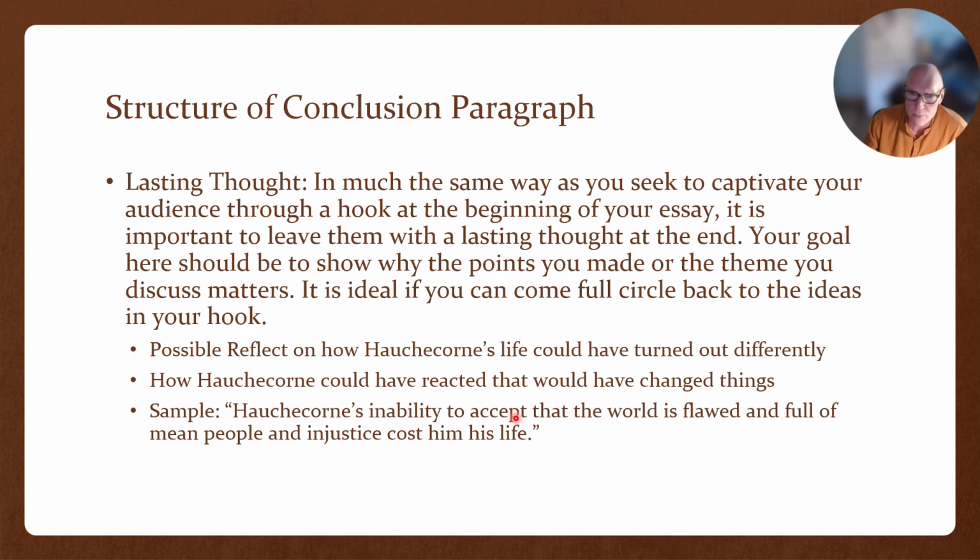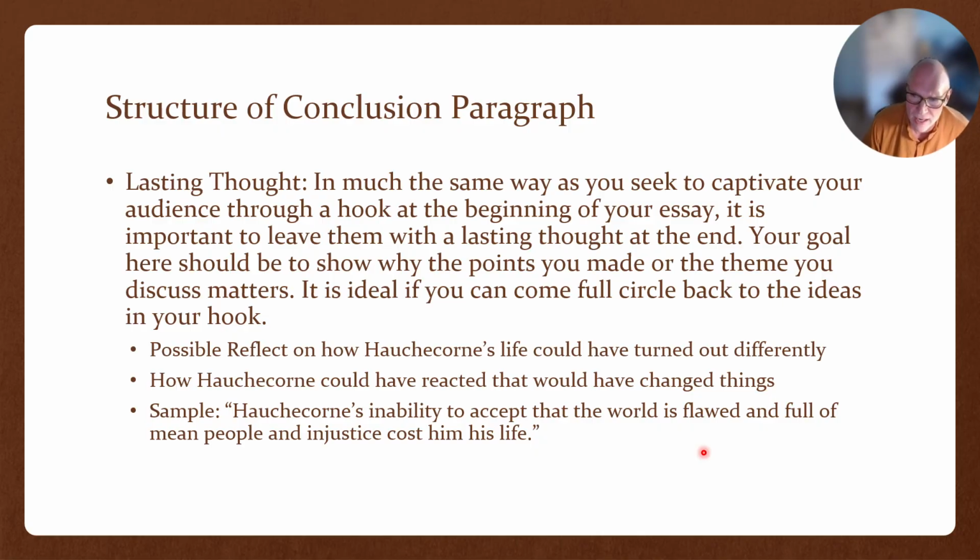And one possible lasting thought, an actual articulation of that principle, would be something like: Hoshkorn's inability to accept that the world is flawed and full of mean people and injustice cost him his life. So basically, you wrap it up and say, because he can't let go of these things that pester his ego, he basically kills himself.